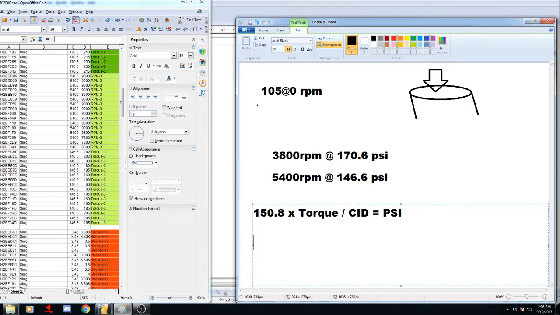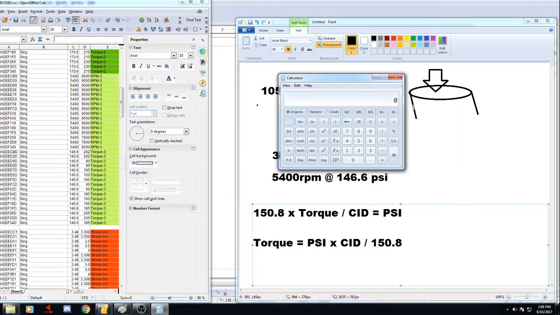Now if we need to find torque, that would equal PSI times cylinder displacement divided by 150.8. Makes sense? Maybe for some of you it does.